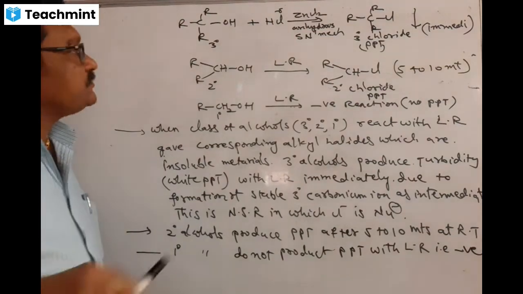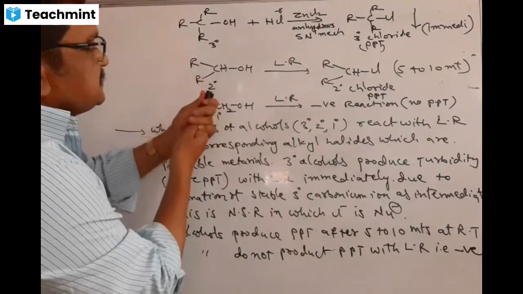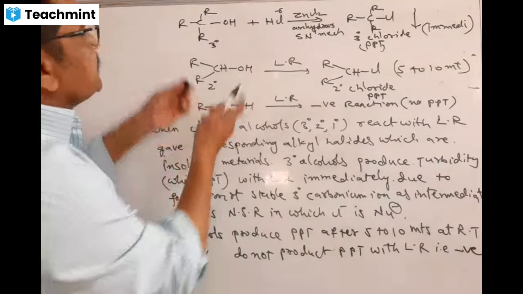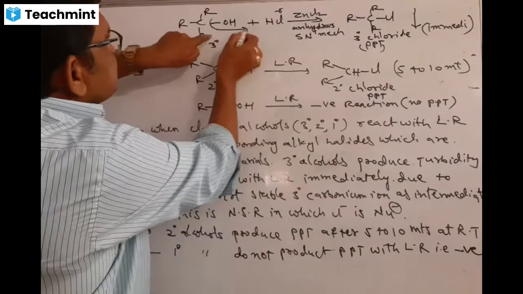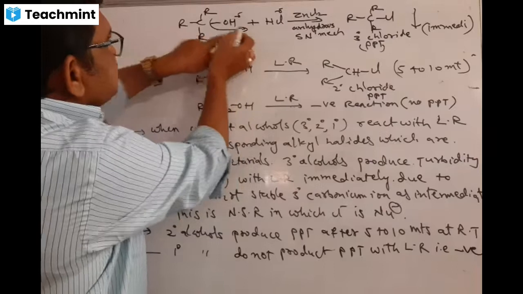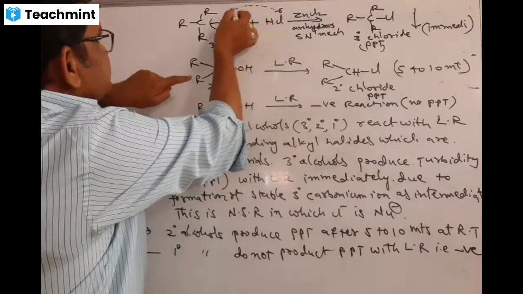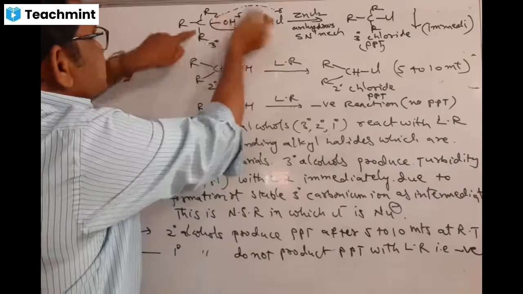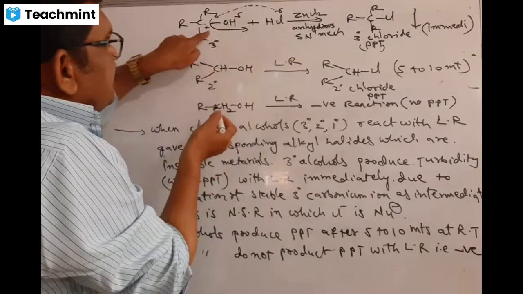Here I told you, what happens in this reaction? Simply, we understand this OH minus is replaced, and Cl minus is substituted. Here it becomes C plus, a tertiary carbonium ion.